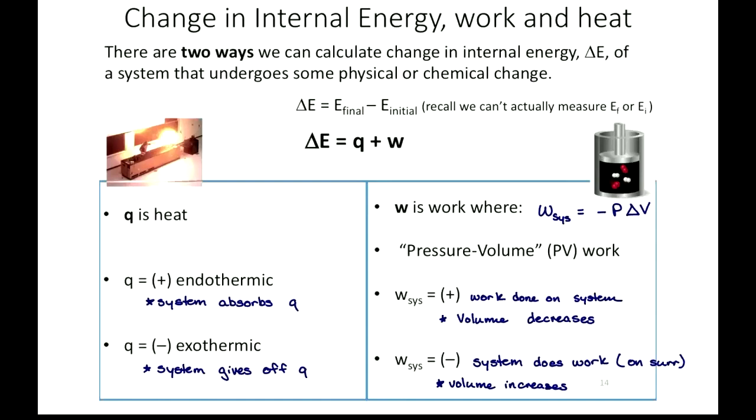What we see is a positive delta V value: the volume of your system actually increases. The system does work on the surroundings. Again, this equation will get you the correct sign as well: a positive delta V gives you a negative value for work, and that is the system doing work. These signs will get you in trouble.